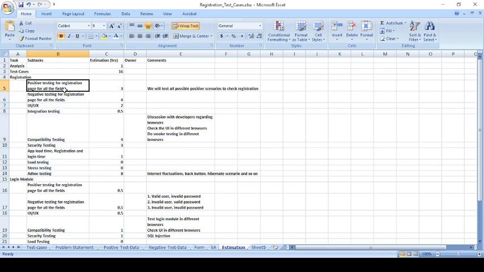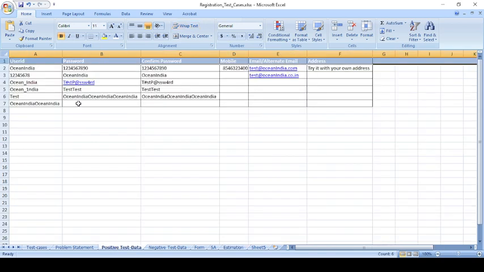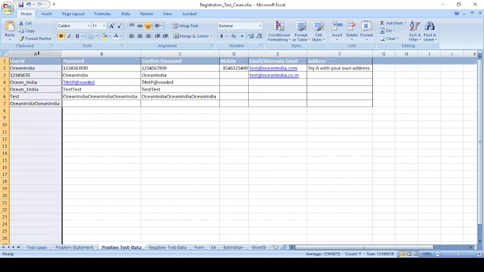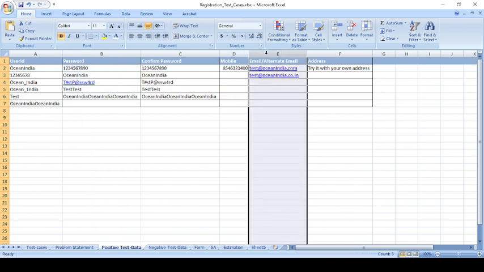Let's consider the positive testing for the registration page. We have this test data, so we need to try out with these many entries. Try all positive testing with these many user IDs, these many passwords, then one mobile, then a couple of emails, and only one address.